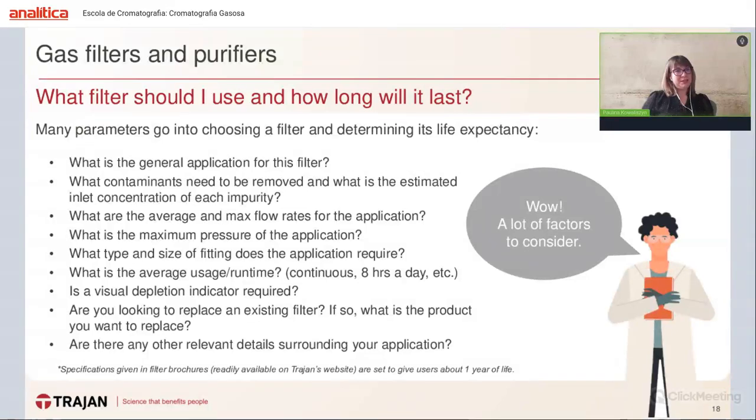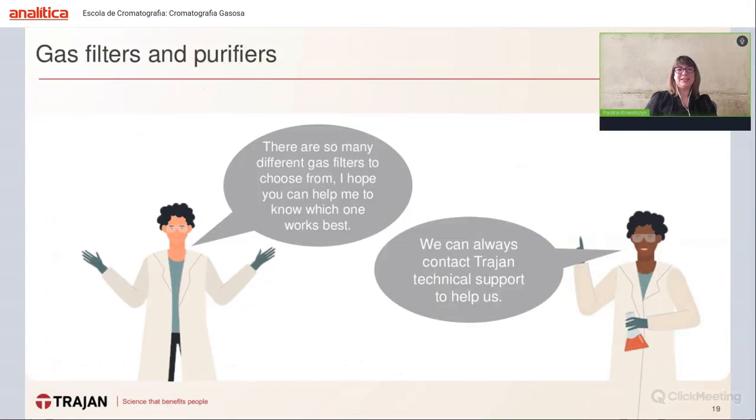I know this is a lot of factors to consider for choosing the gas filter. However, please remember that we are always here to help you, to support you with providing you the best option for your application, for your laboratory, either if it's for GC or any other applications.